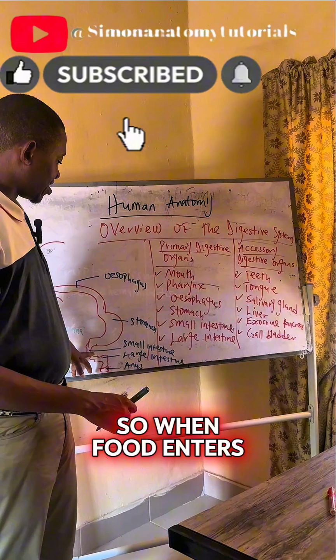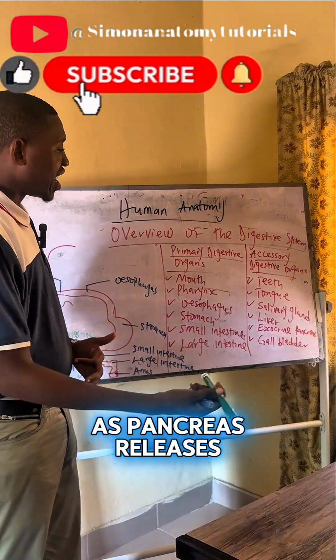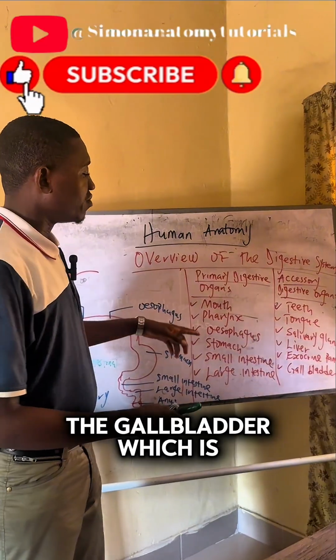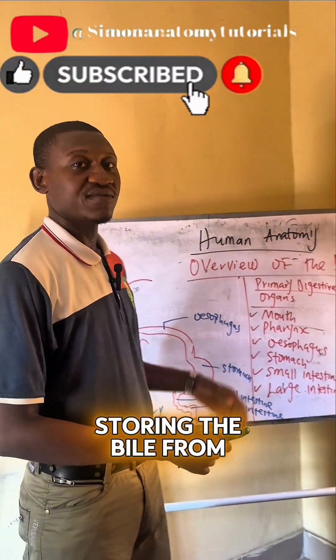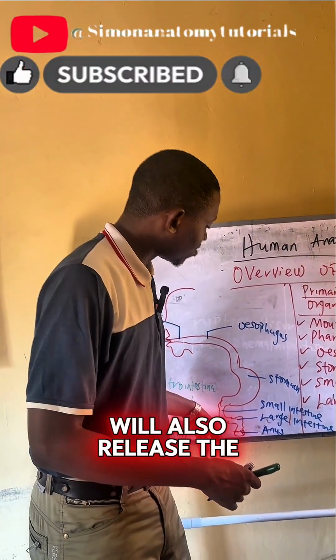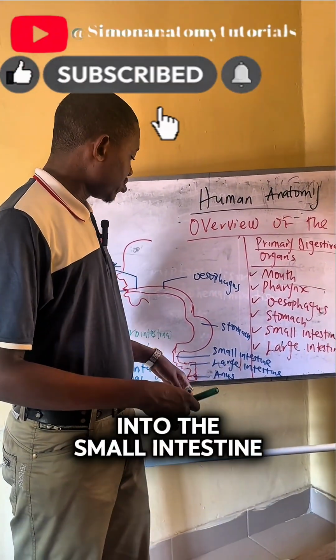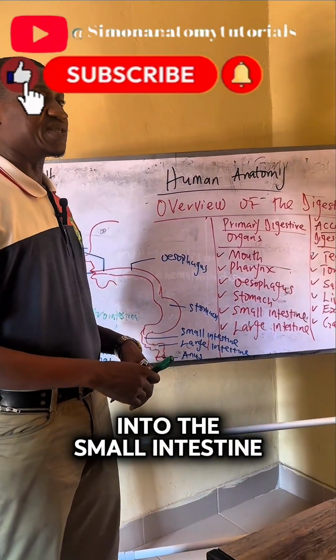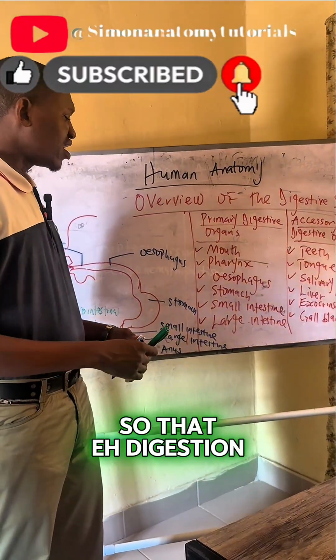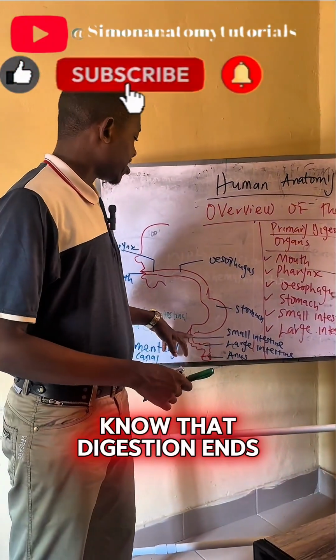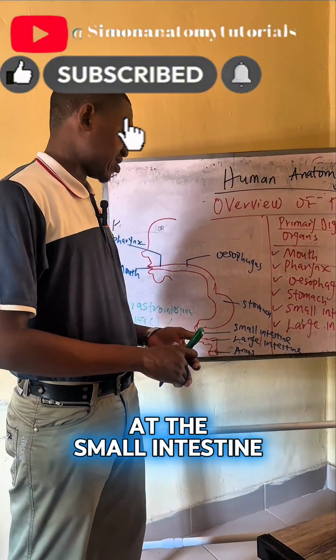So when food enters the small intestine, as the pancreas releases pancreatic juice into the small intestine, the gallbladder, which is storing the bile from the liver, will also release the bile through the common bile duct into the small intestine so that digestion can take place.